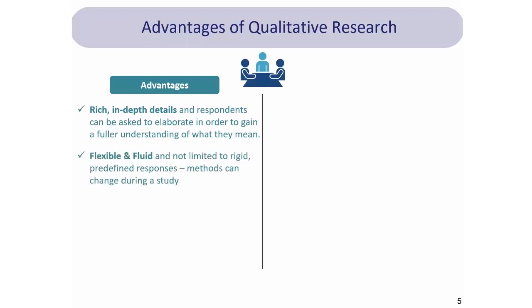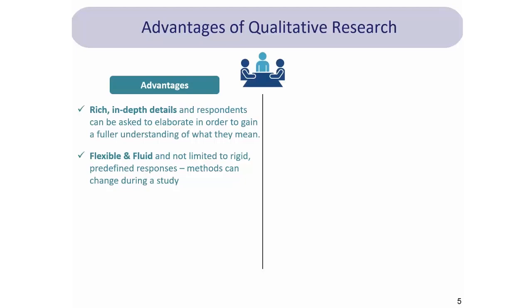It's flexible and fluid. As I mentioned, it's not limited to those rigid, predefined responses that you have in quant, the 5-point scale, but it is much more open. So if somebody says something interesting that's relevant to the research, I can delve in and get some more color. Also, methods can change during a study.